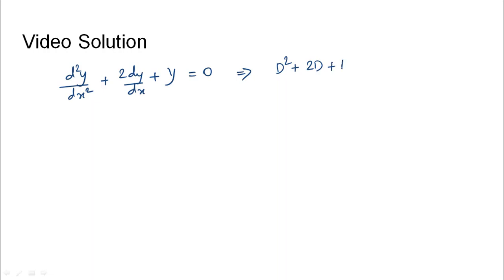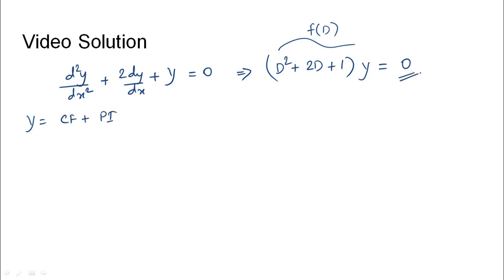In the given question, we have been given the ODE as d2y by dx2 plus 2 dy by dx plus y equals 0. This can be rearranged as D square plus 2D plus 1 into y equals 0. Here the function is our f(D) and the solution is complementary function plus particular integral.